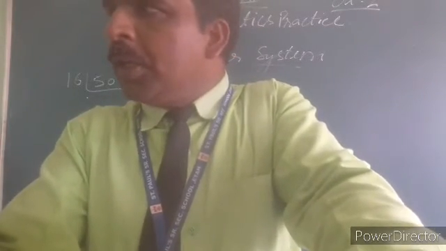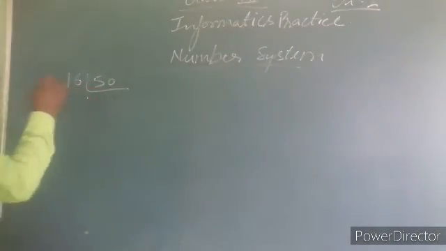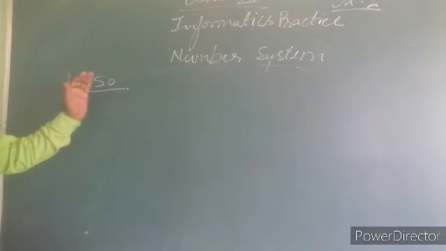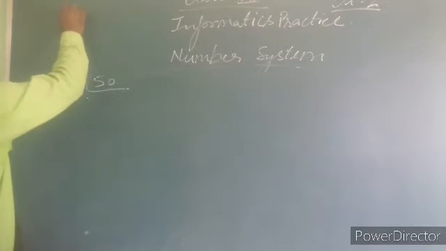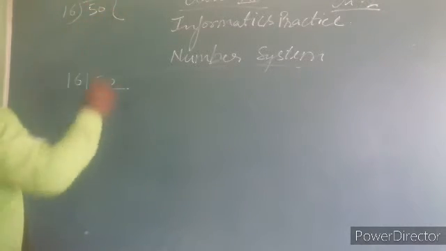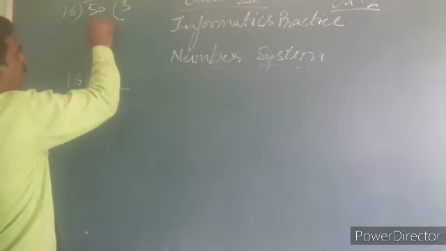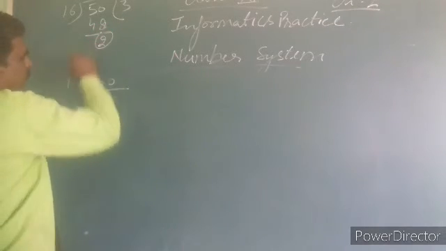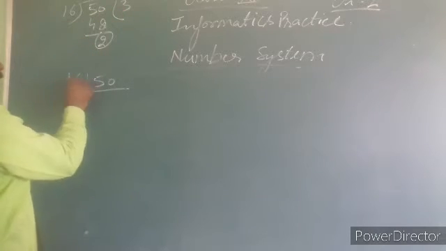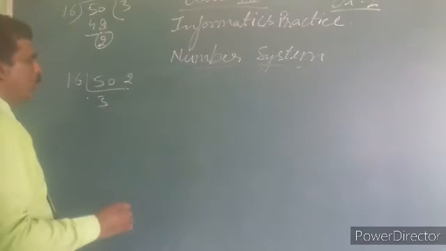That's why we are writing 16 here. 50 should be divided by 16. 16 3s are 48, then the remainder will be 2.